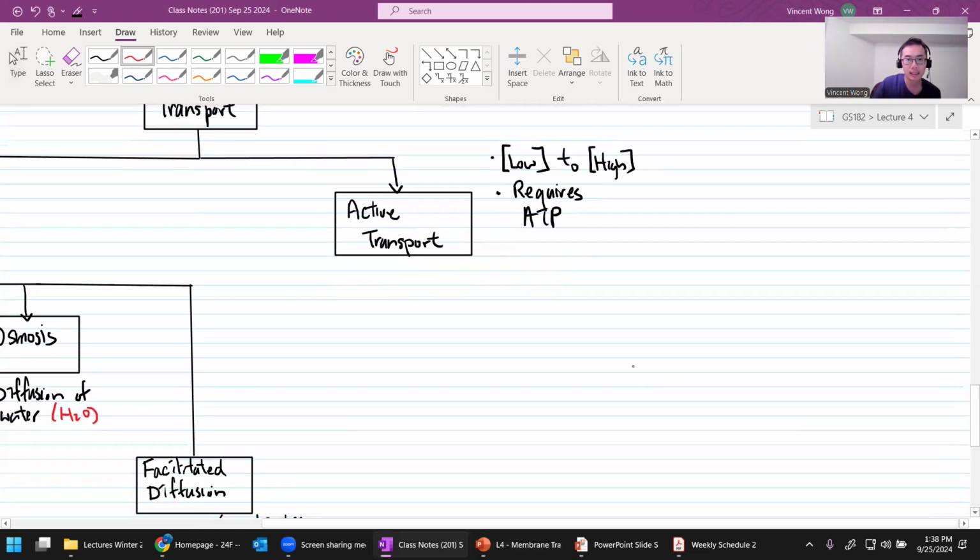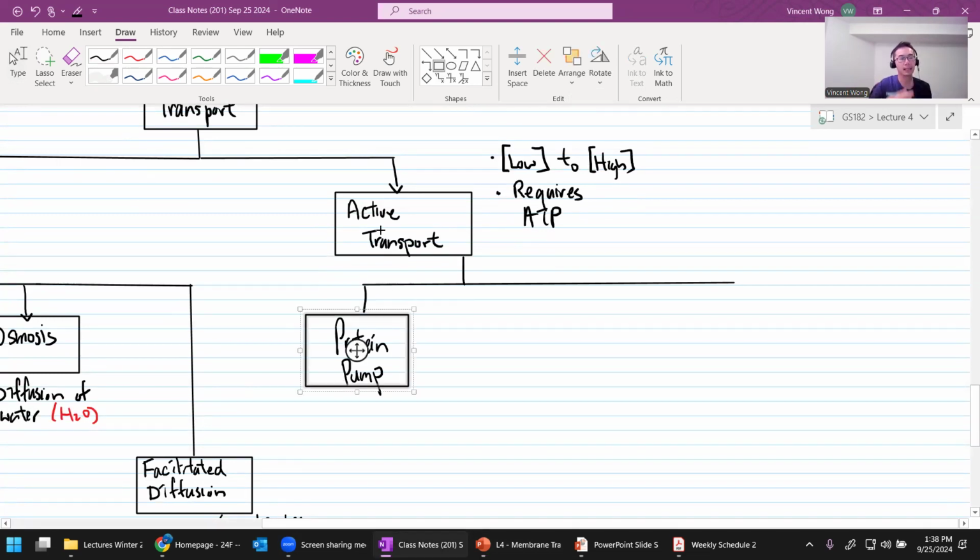One example is the protein pump. So this is, once again, a membrane protein, and they use ATP to move things against their concentration gradient.